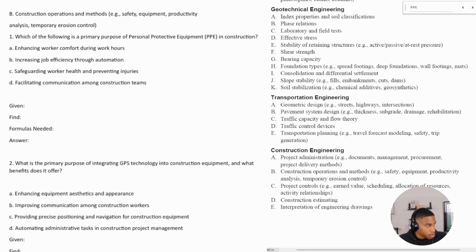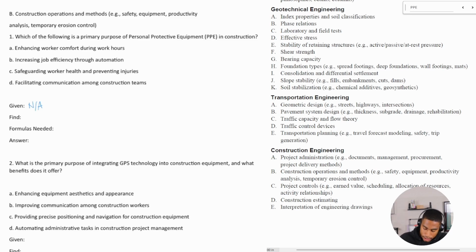All right. So number 1 says, which of the following is a primary purpose of personal protective equipment, PPE, in construction? So what are we given? Well, we're given nothing. We're not given any variables. What are we trying to find?